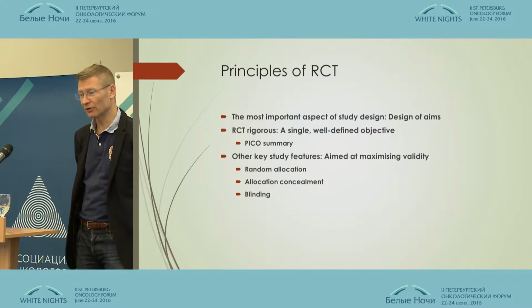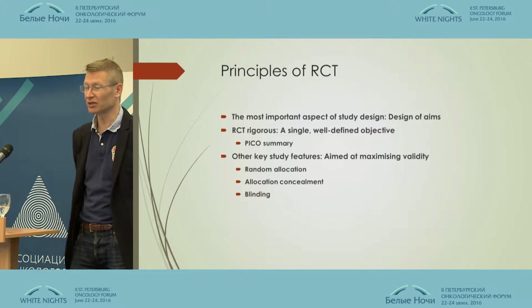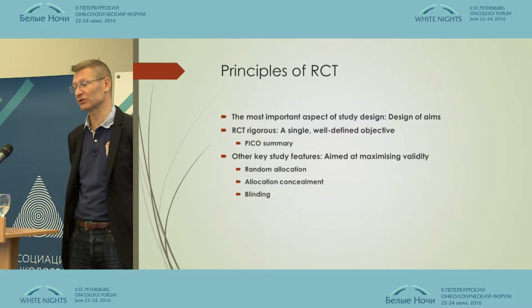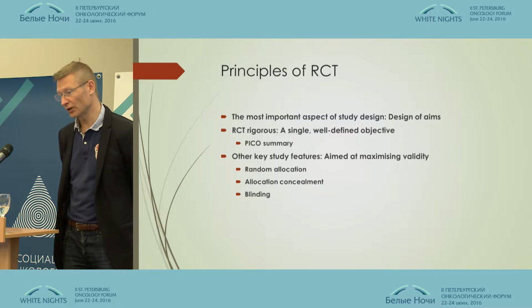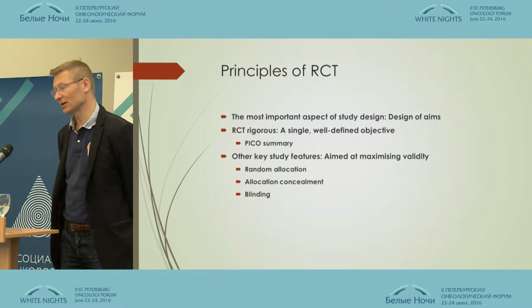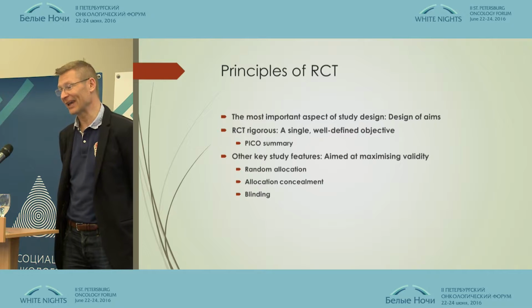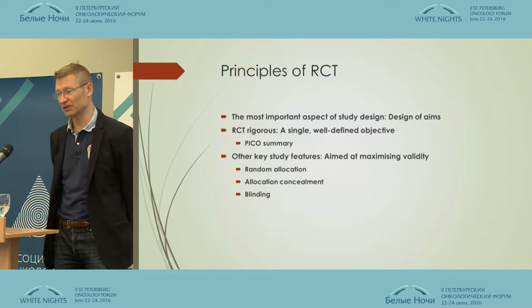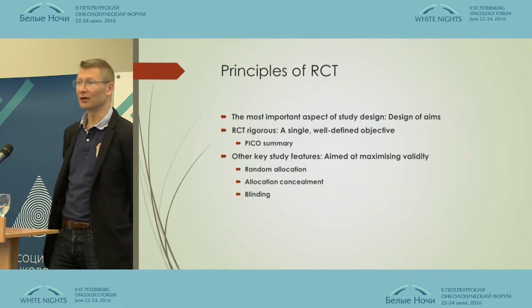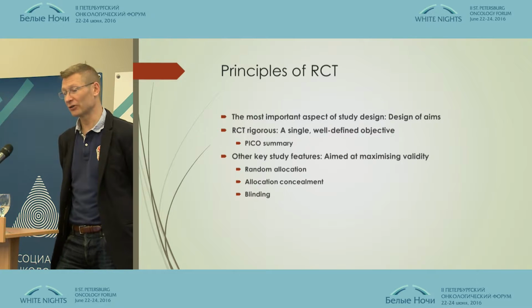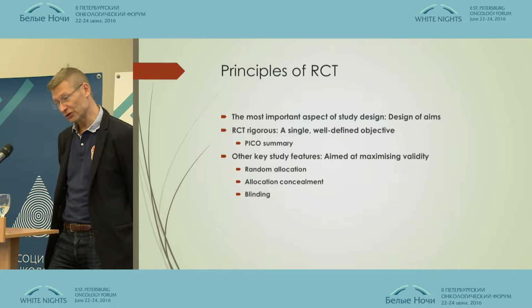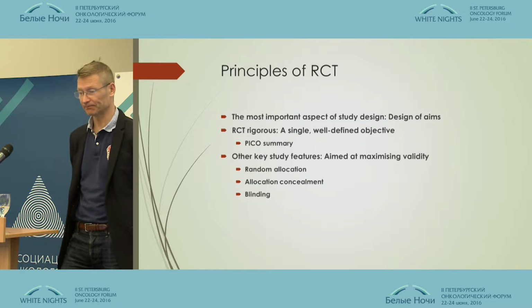One of the things that I've learned from Olli Miettinen's teaching is that the most important aspect of study design is the design of aims. That is, carefully deciding what is really the aim of the study, as specifically as possible. And for a randomized controlled trial, this is even more important than for other study designs, because there can be only a single well-defined objective.